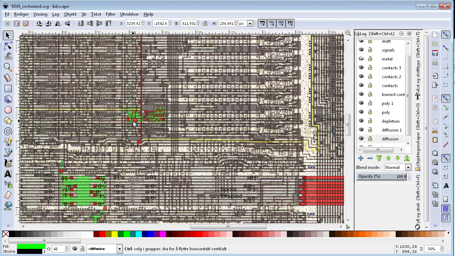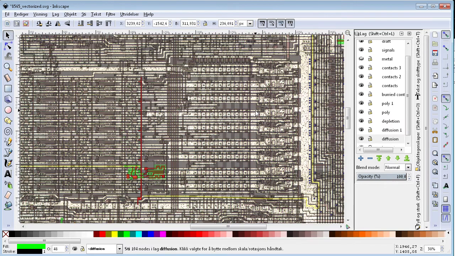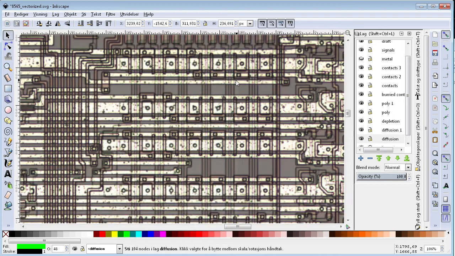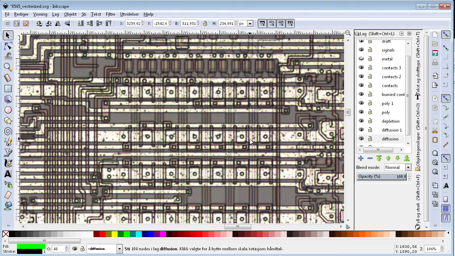So yeah, and back to that ROM. Do you see these lines that go down here? These are pull-ups. So whenever there's something here pulling on it, then the whole line will be activated.